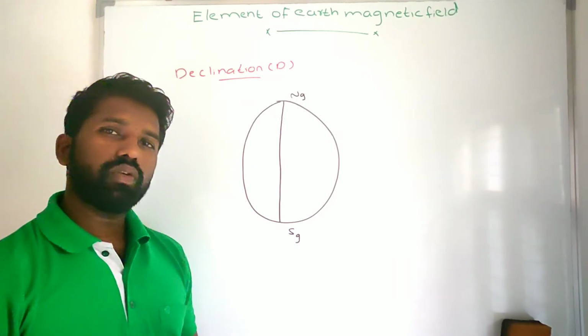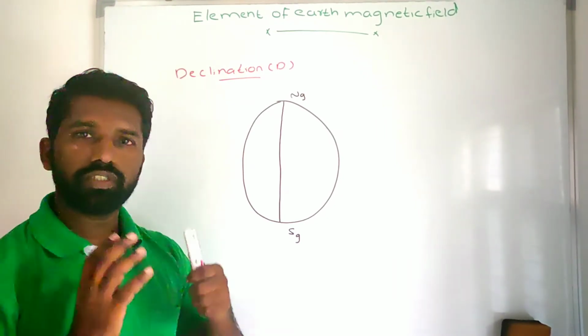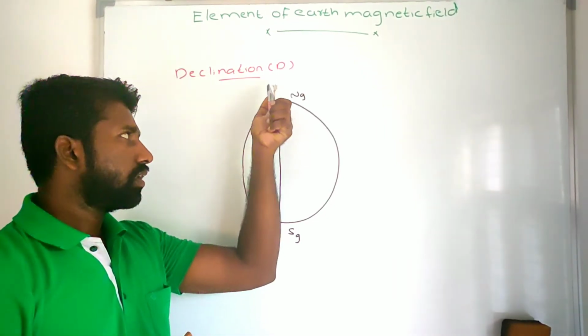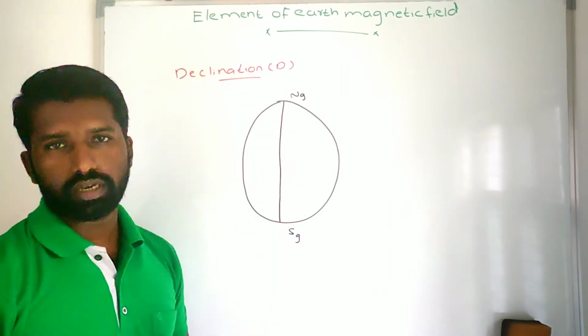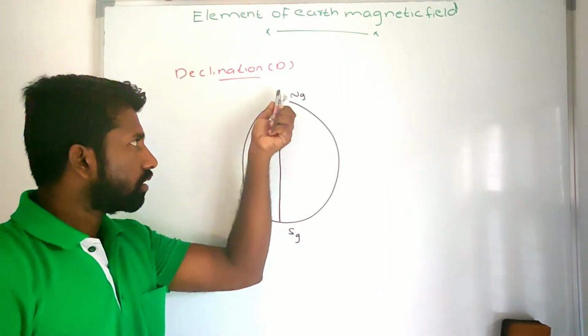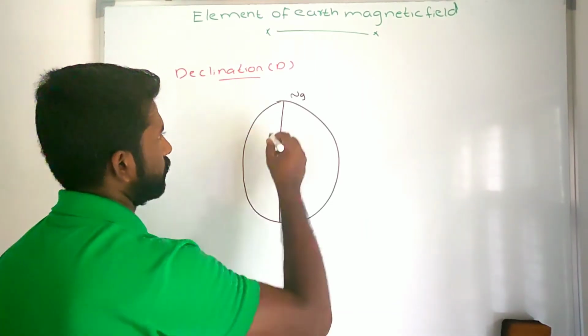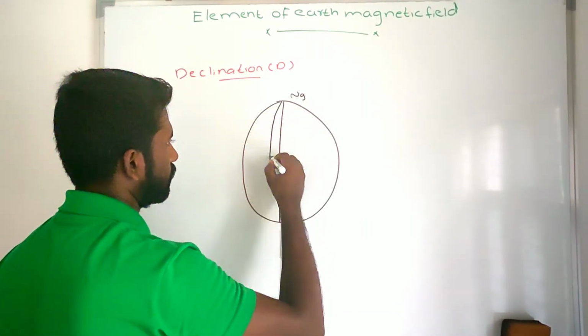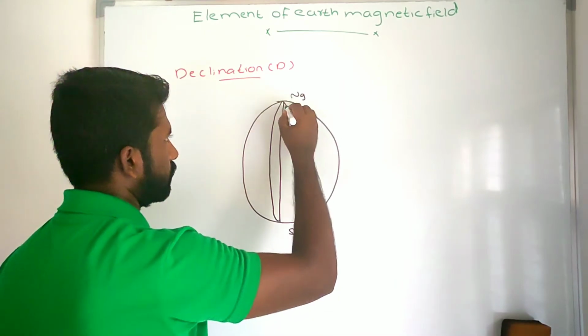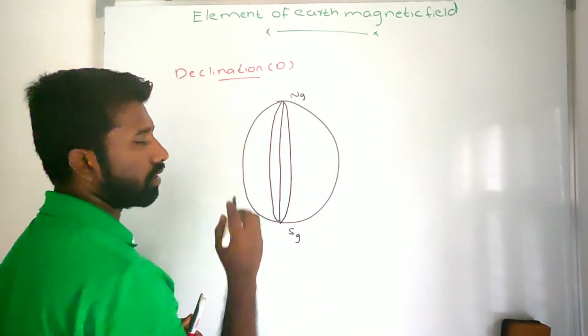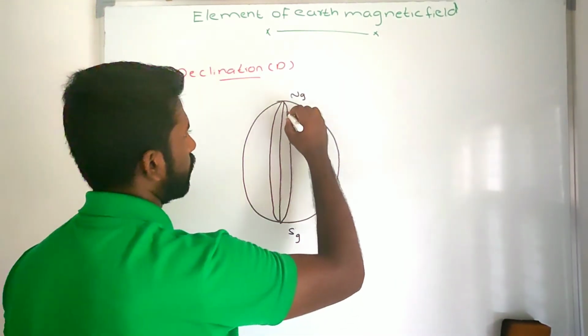I am going to draw a vertical plane which contains the longitudinal circle and the axis of rotation of the earth, like this. This vertical plane is called the geographic meridian.